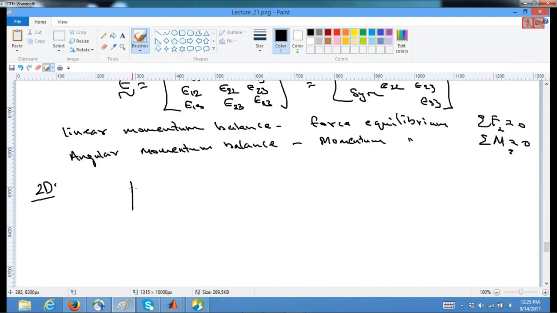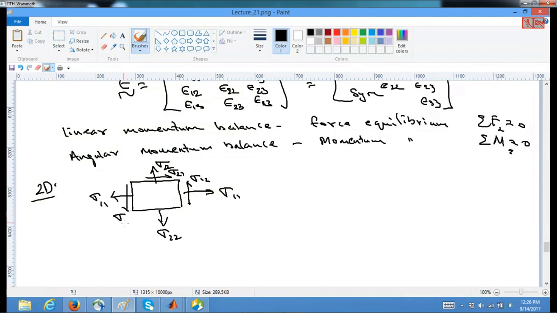So let us take a box and subject it to the stresses, which is sigma 11, sigma 12.